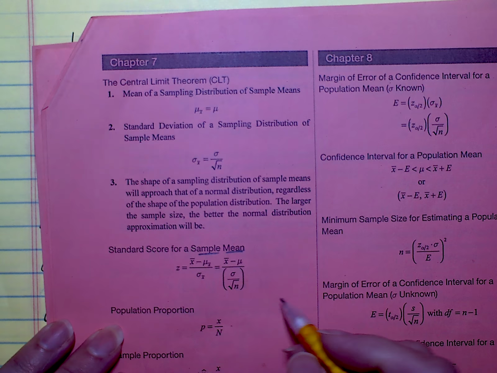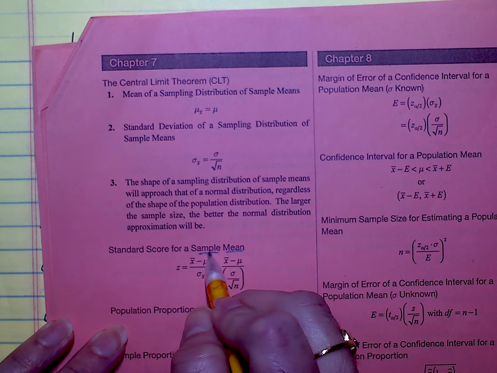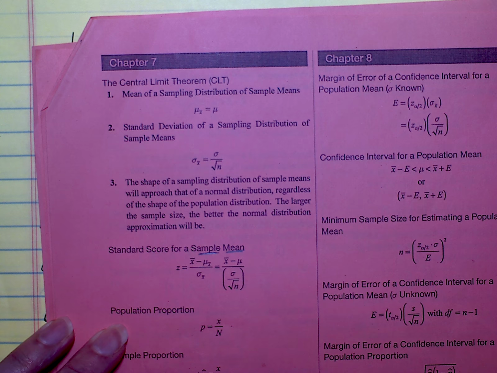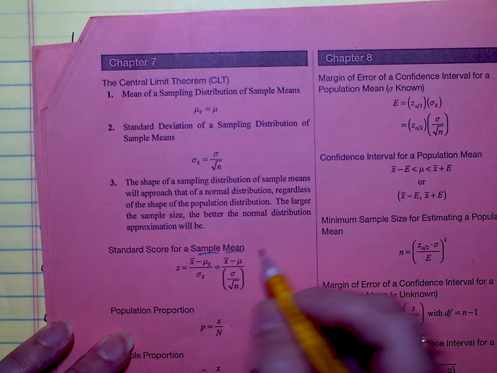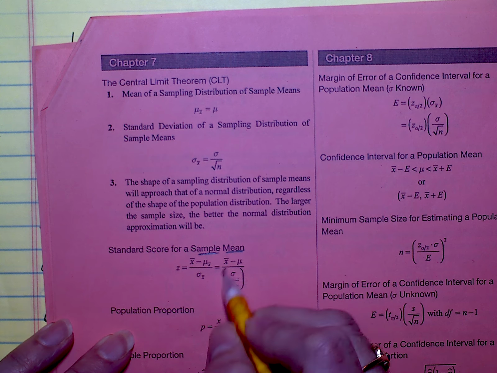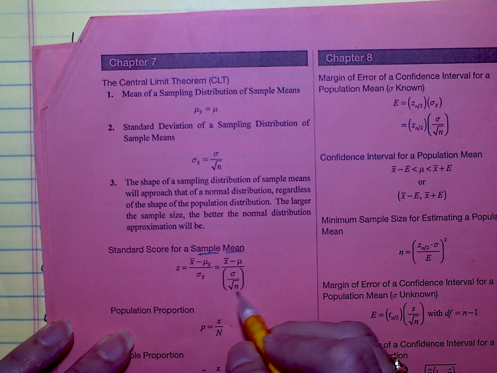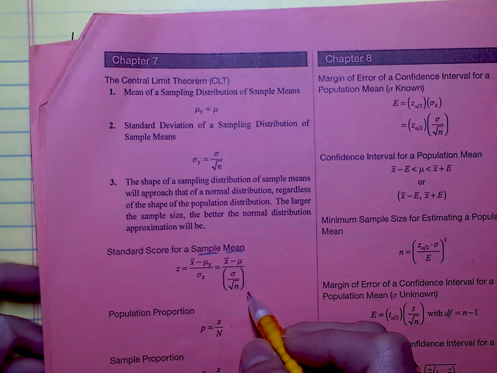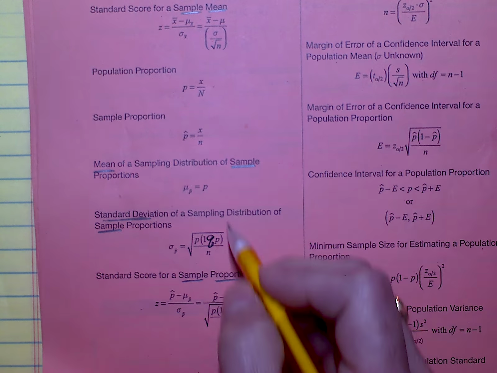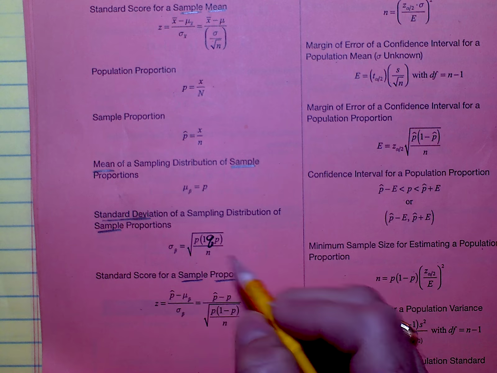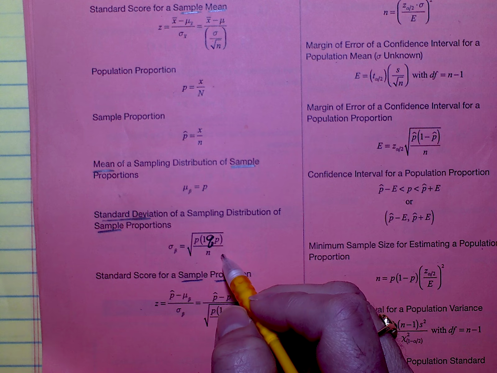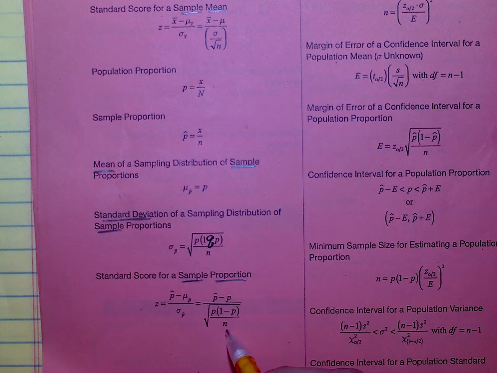And then in chapter 7, it's all about samples. So if it says now I have a sample, what's the probability? Then you need to change sigma. If it's a mean, you change sigma by dividing by the square root of n. If it's a proportion, you change sigma by taking the square root of pq over n. So see, my z changed. Okay, so it's all about, is it a mean or is it a proportion?